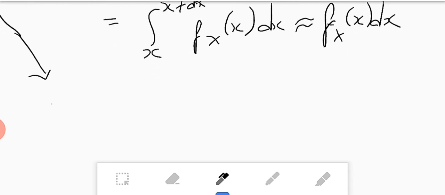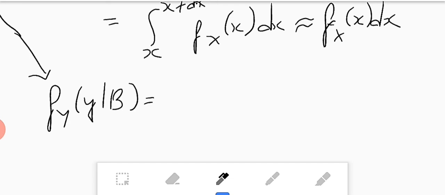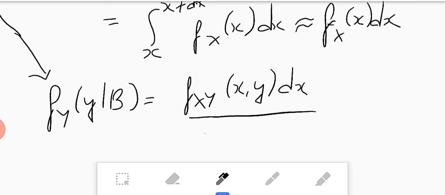Yes, so what do you get? Fy given event b is fxy of x comma y dx, and we just now found out the probability of b is fx of x dx. So here you can observe dx, right?